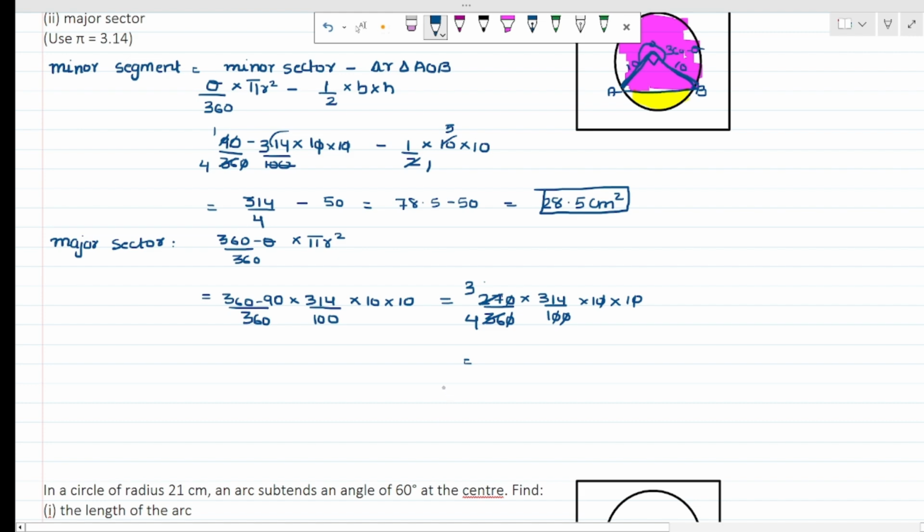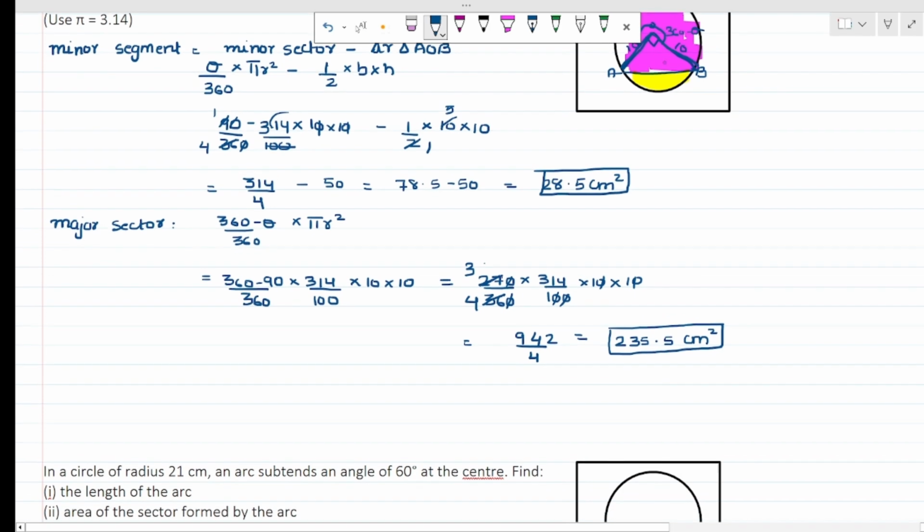So, you will get your answer as 3 4s are 12, 3 1s are 3 and 4, 3 3s are 9. 942 upon 4. That means you will get your answer 235.5 centimeter square. Okay, you will get your final answer as 235.5 centimeter square. This is the area of your purple region.